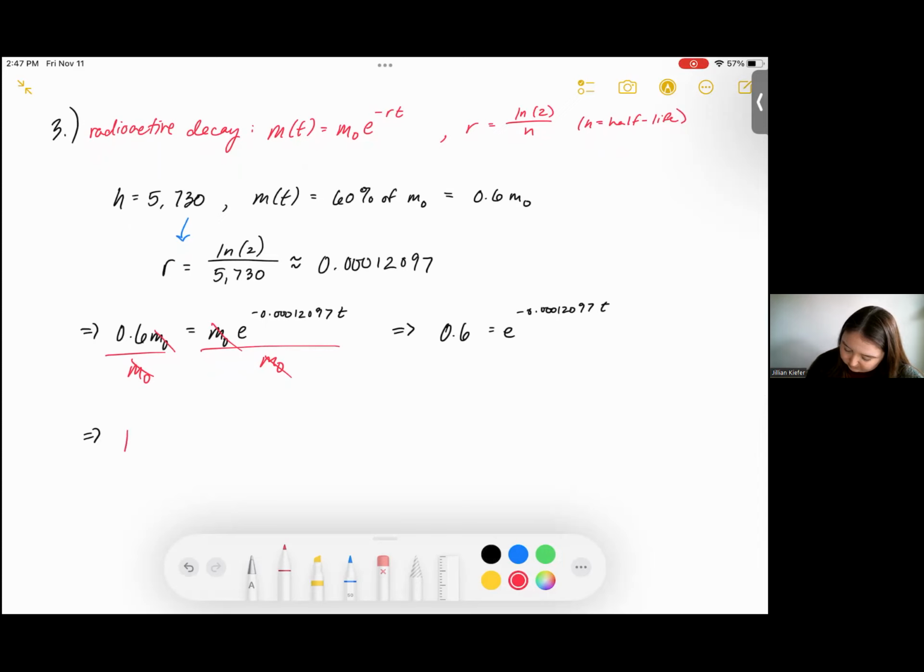This would give us the natural log, and I'm going to switch the sides as well, of e to the power of negative 0.00012097 t is equal to the natural log of 0.6, there we go.